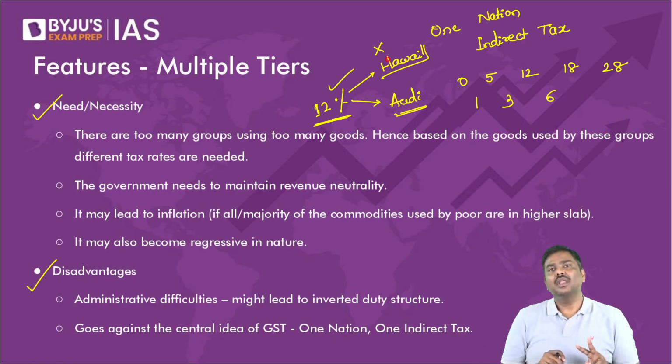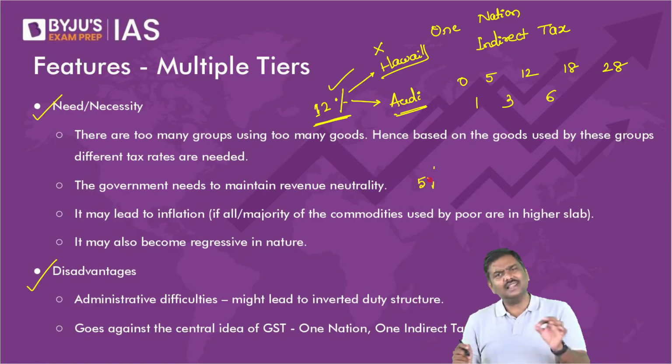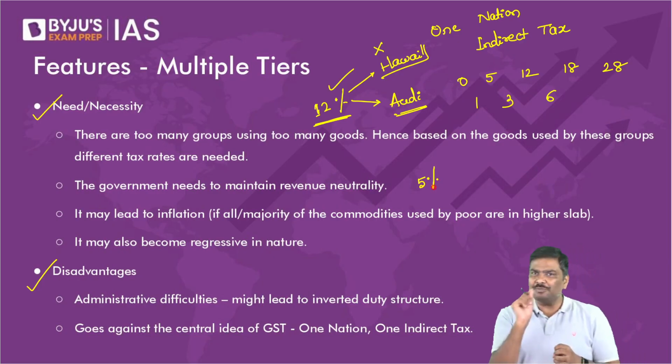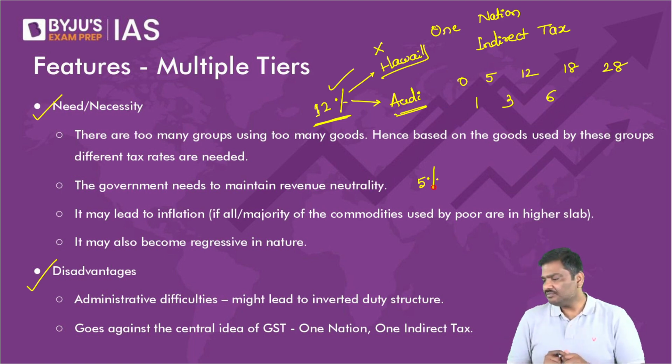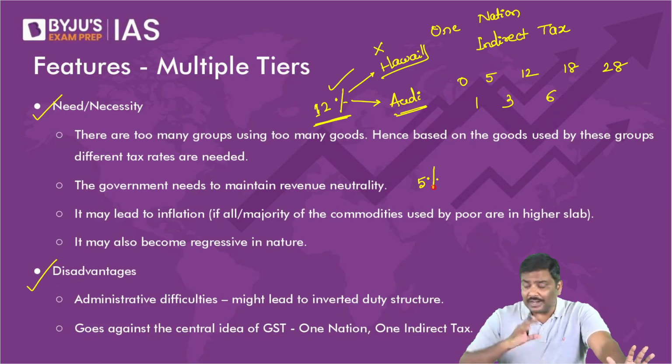Second reason, if I have only one rate of GST, let's say 5%, for all the goods and services under GST, please tell me, what will happen to the taxes collected by the government? Don't you think the taxes collected by the government will start falling down?